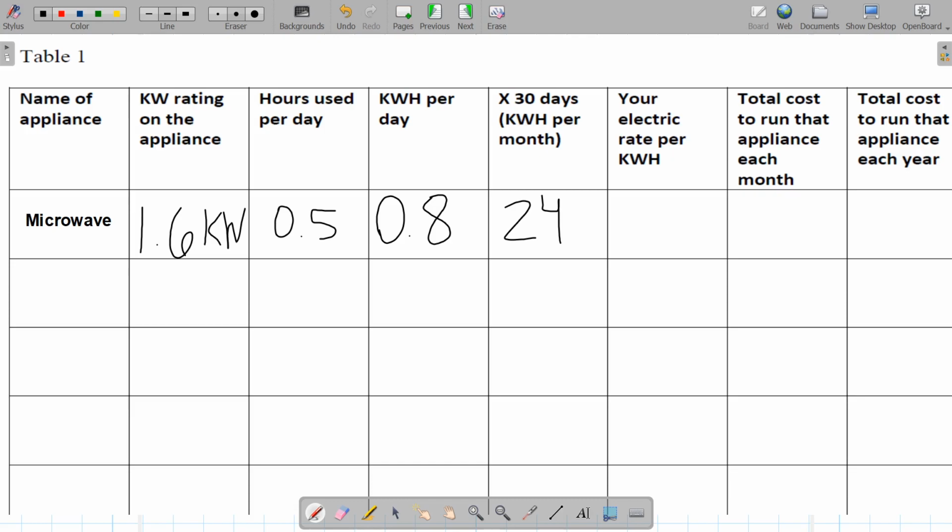And now for this part of the table right here, this is easy. Remember, we talked about that at the beginning of this video here. The rate per kilowatt hour was approximately 3 cents from my electric bill.